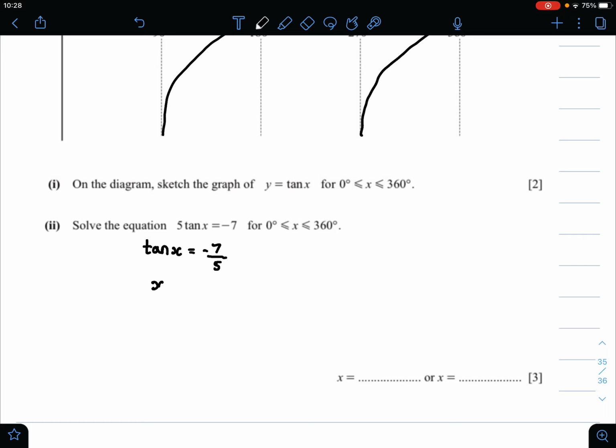So therefore x will be equal to tan inverse of negative 7 by 5, and therefore your x value will be negative 54.462322.